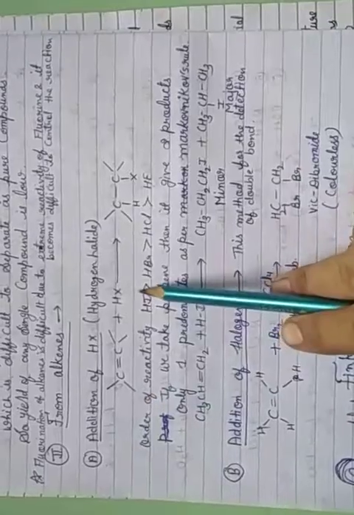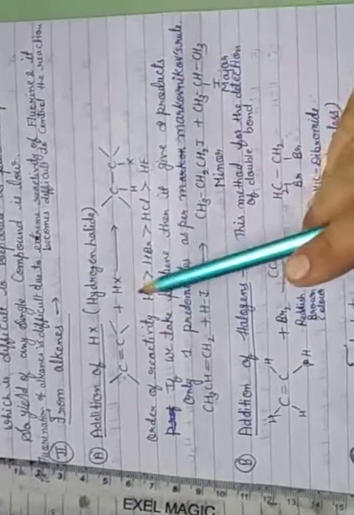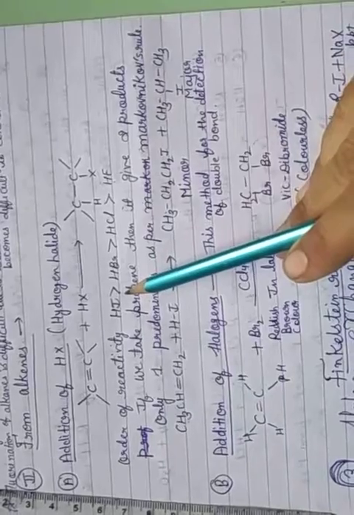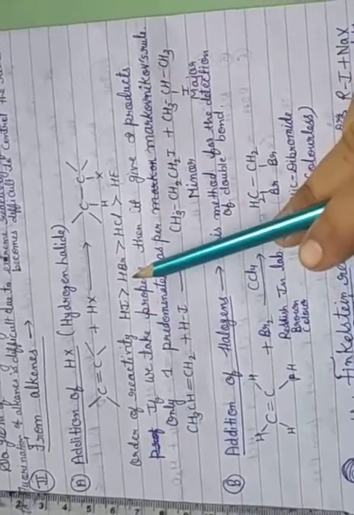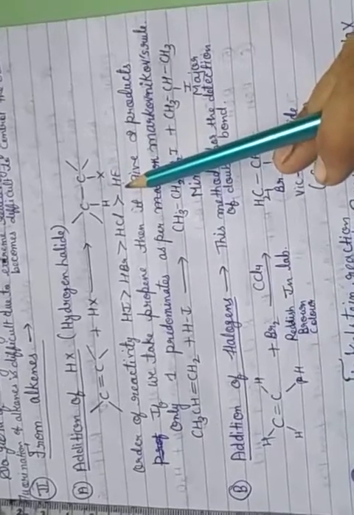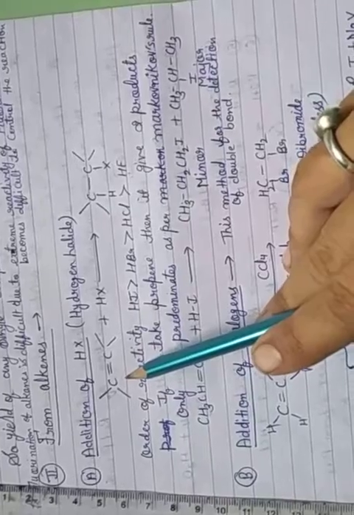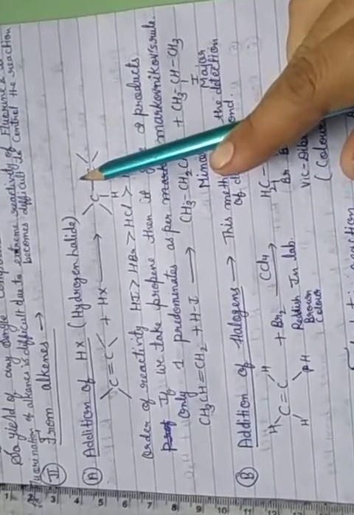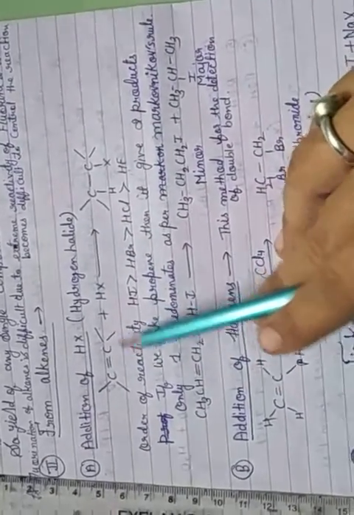For addition of hydrogen halide, the order of reactivity is HI greater than HBr, then HCl, and then HF, so HF has the least reactivity. If we take HX, the double bond breaks, and on one side hydrogen attaches and on the other side halogen attaches.